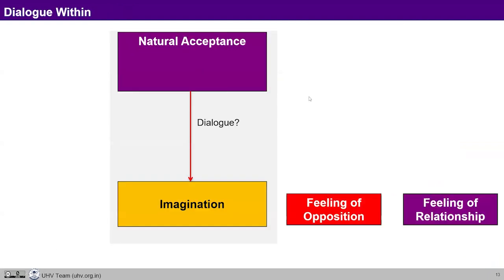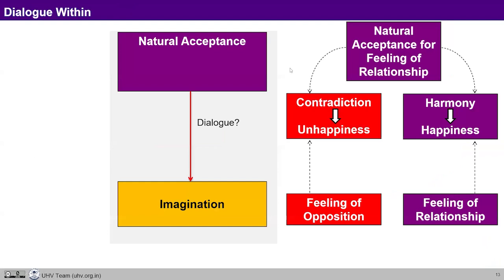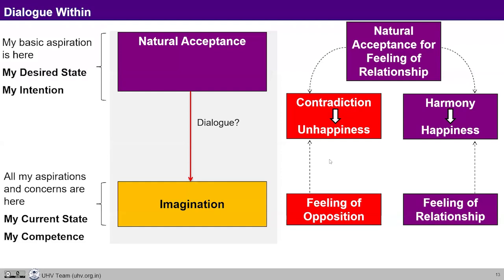Now, having said this, we can show how the dialogue is essential. Okay. So I have the natural acceptance for feeling of relationship. So in my imagination, if I have feeling of relationship, there is harmony. If there is feeling of opposition, then there is disharmony, contradiction, and I feel unhappy. So now we can draw the attention to another word here, intention and competence.